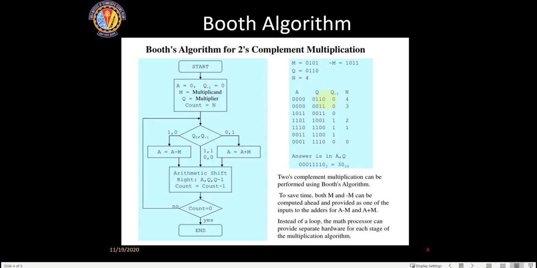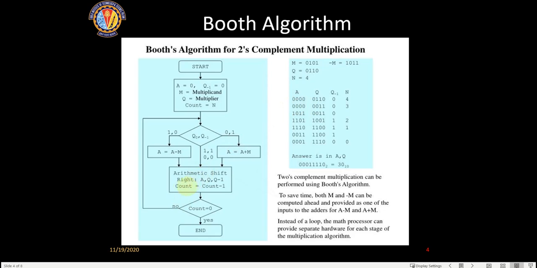Now if it is 00, I am not going to do any changes in the accumulator. So the accumulator remains 0000 here, and Q is this, with no change in the accumulator. This you are going to shift right in the next step. Now I am doing an arithmetic shift.